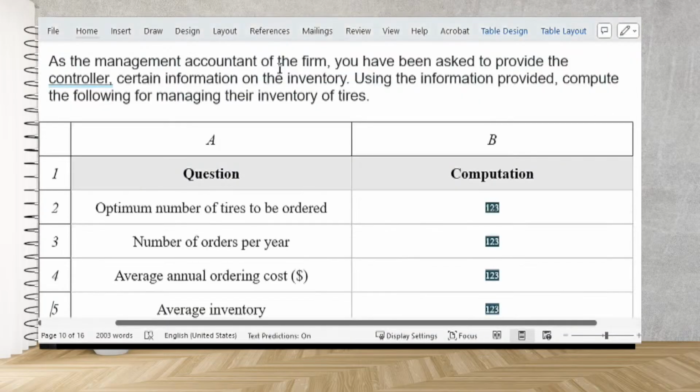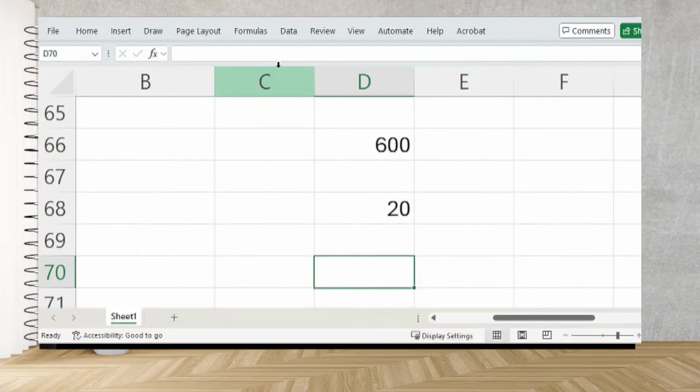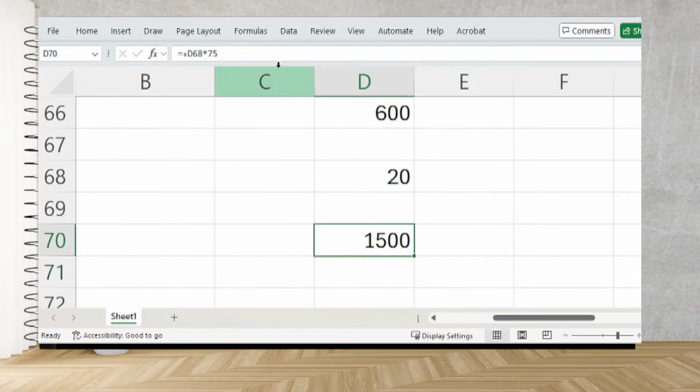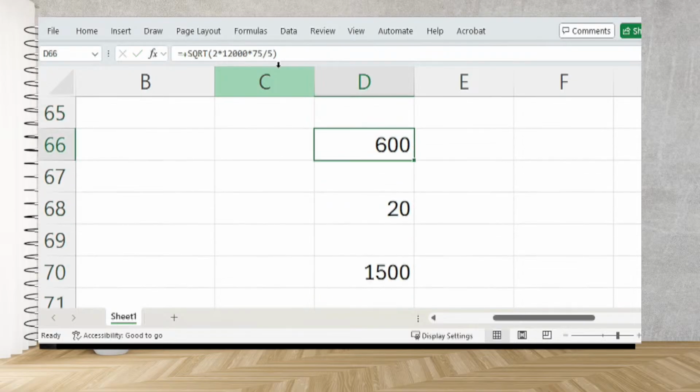Then the third, average annual ordering cost. 20 orders in a year, and per order cost is 75, so it is 1,500.